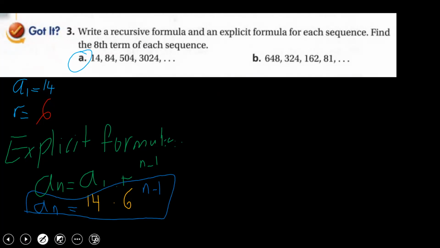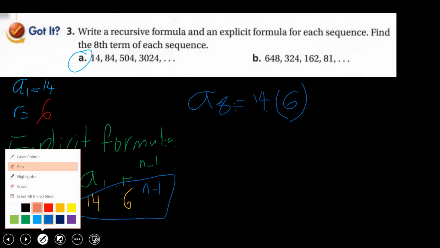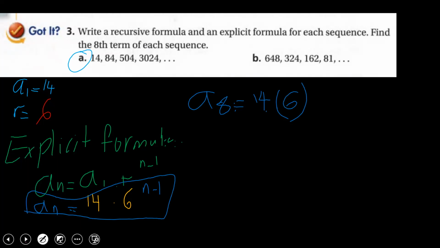Now using this explicit formula, can you find A sub 8? Yes, it's equal to 14 times 6 raised to the power 8 minus 1. So it is 14 times 6 raised to the power 7.